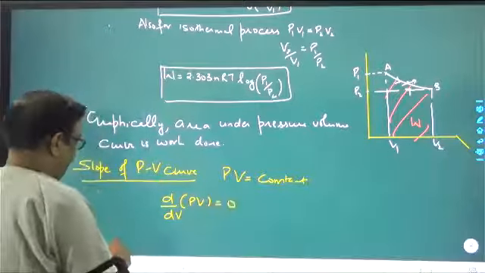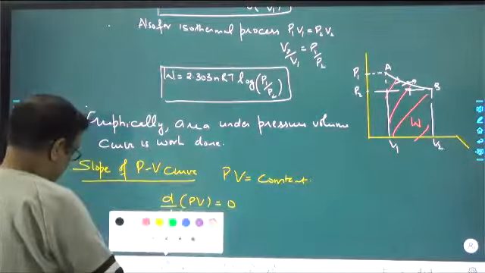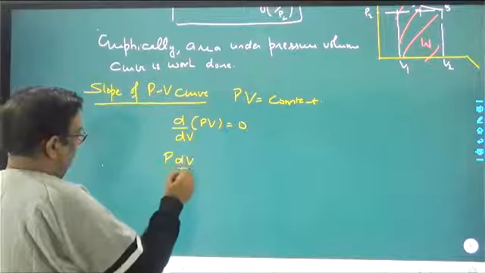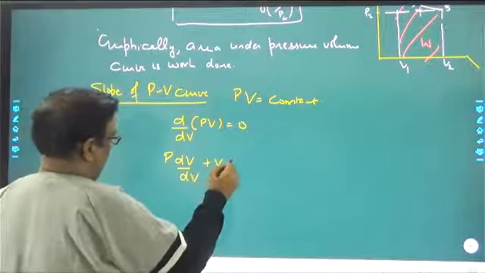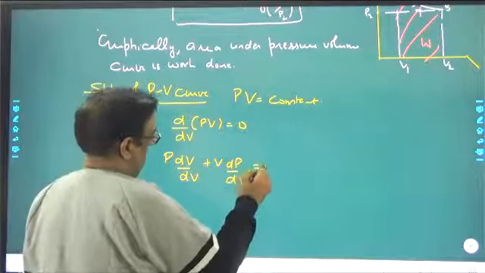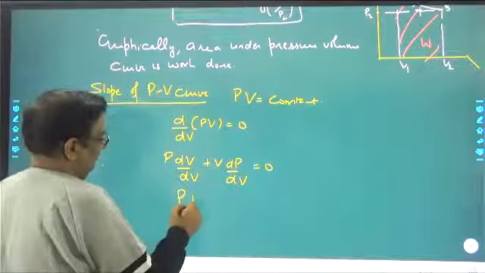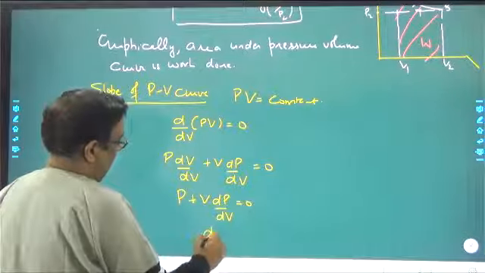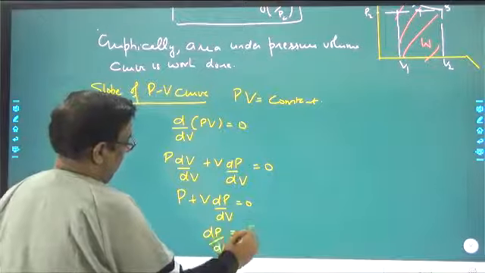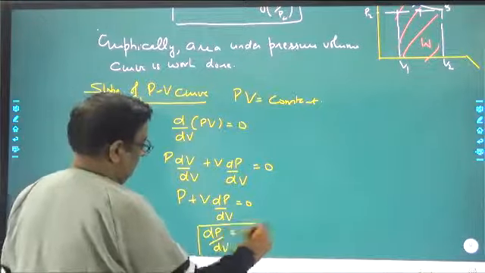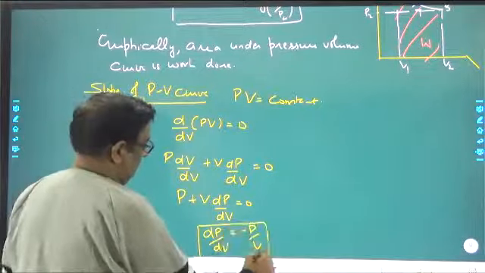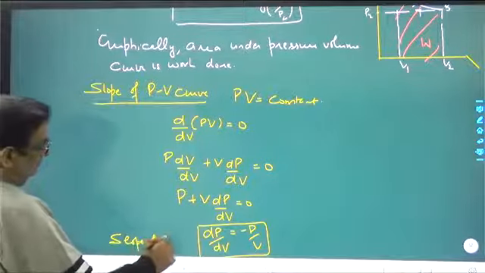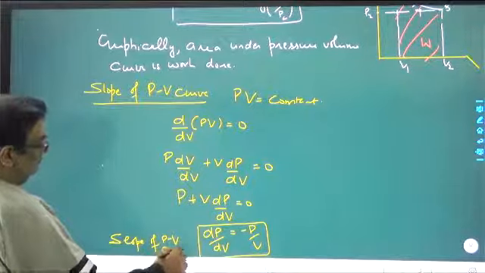Differentiation of a constant is 0. What is the differentiation of PV? P dV plus V dP. Take that as the slope. So minus P by V.